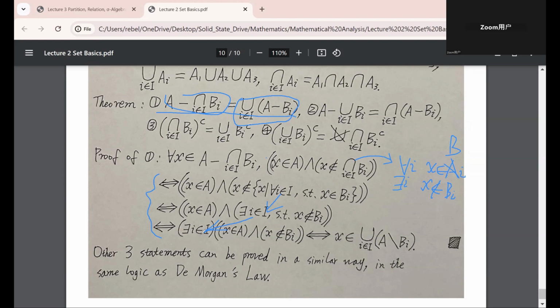So we can put it in front, and under this condition, we have x belongs to A and x does not belong to B_i. This can be viewed as a set difference, and there exists is equal to the union of the index set. There exists i means that if you reach at least 1, you survive in this condition.